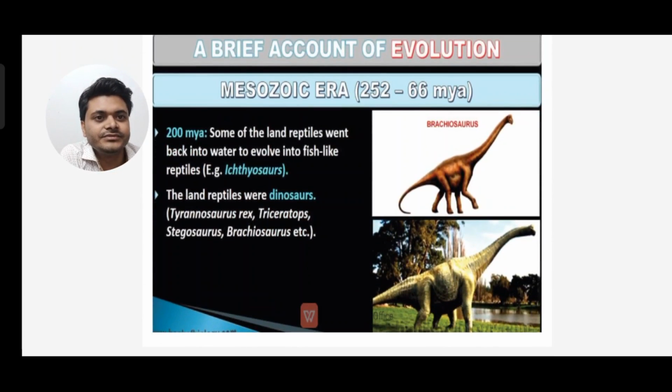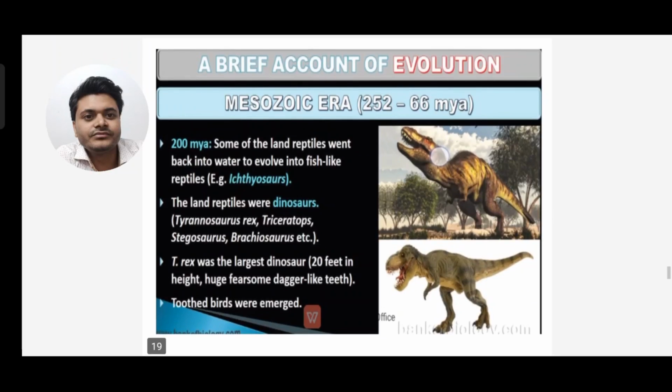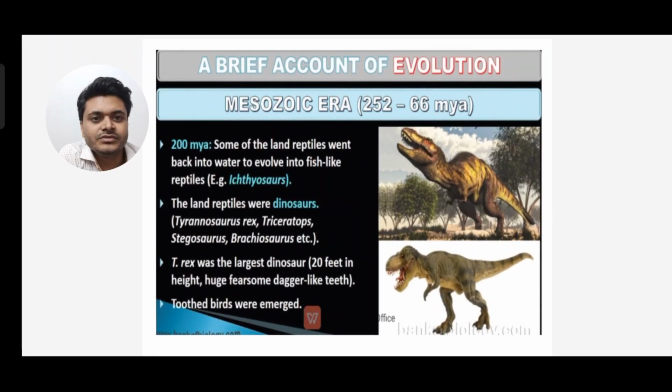One more, you can see T-Rex, the largest dinosaur, 20 feet in height, huge, fearsome, with dragon-like teeth. Toothed birds emerged. You can see these types of dinosaurs.